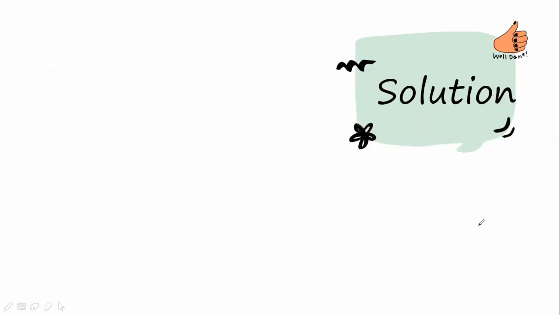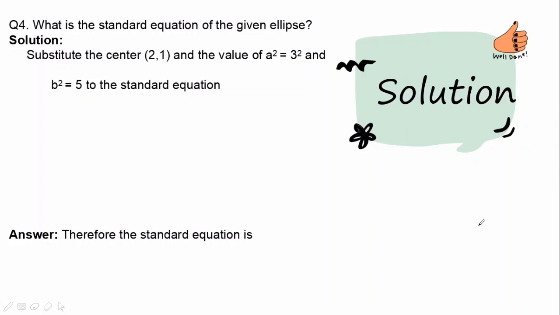Okay, let's now proceed to question number 4. In question number 4, what is the standard equation of the given ellipse? So let's have first the standard form. We will just substitute the center, which is 2, 1, and also the value of our a square, which is 3 square, and the b square, which is 5.